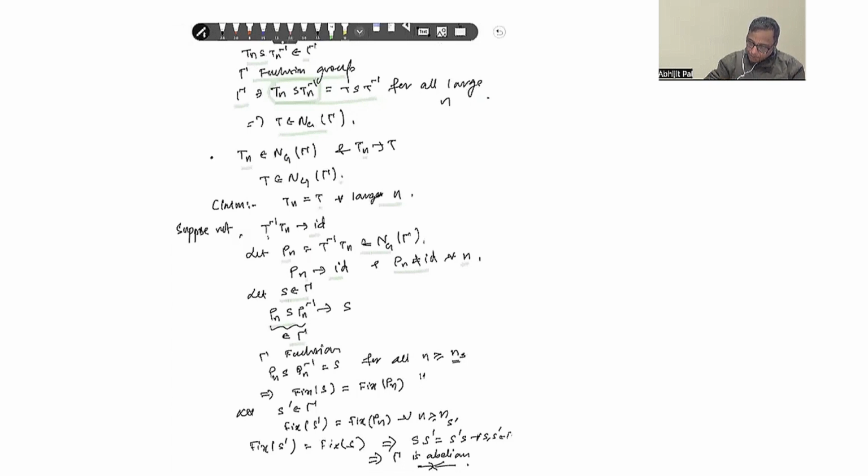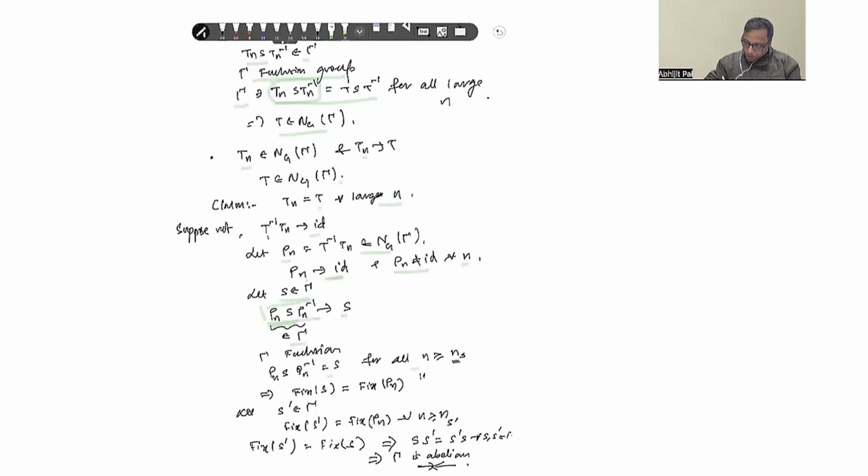I also note that Pn is converging to identity, so therefore Pn S Pn inverse will converge to S. Again, gamma is a Fuchsian group, so this sequence will be an eventually constant sequence. Therefore Pn S Pn inverse will be equal to S for all large n.